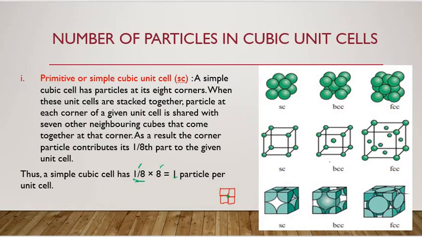So the corner particle contributes its 1/8 part to the unit cell. And if one particle contributes only its 1/8th part, and there are a total of 8 particles at the 8 corners, the total contribution would be 1/8 multiplied by 8, which is 1 particle per unit cell.